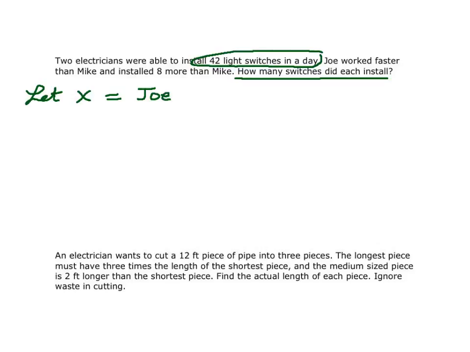And we look at the sentence, Joe worked faster than Mike, and Joe installed 8 more than Mike. So we need to come up with an expression with an X in it that describes the fact that Joe had 8 more than Mike. Let's just say that Joe picked 50, which is not reasonable, because you only have 42.